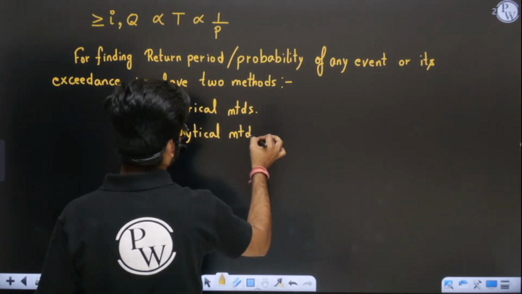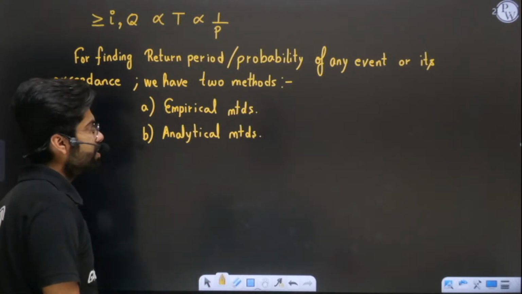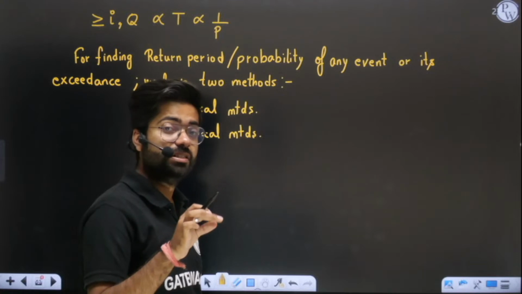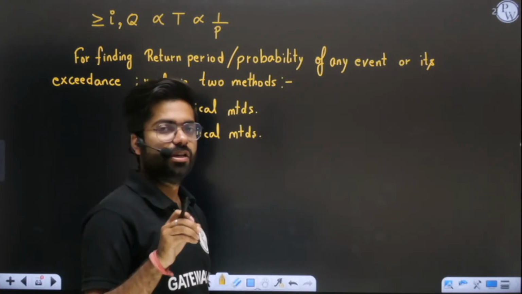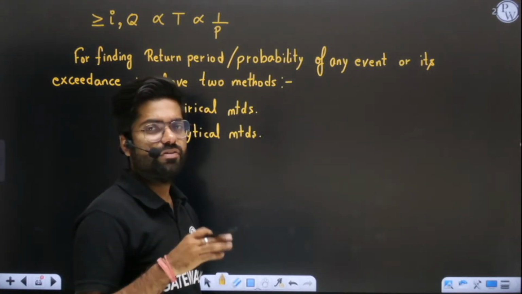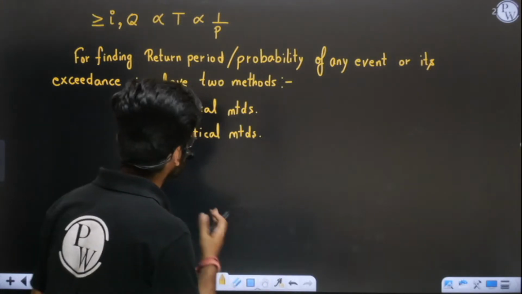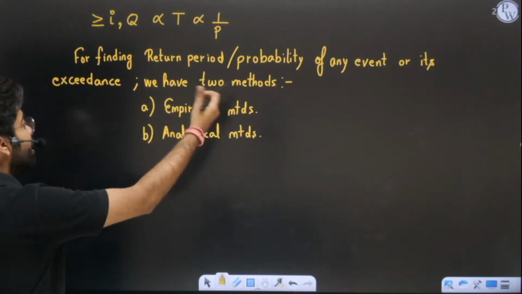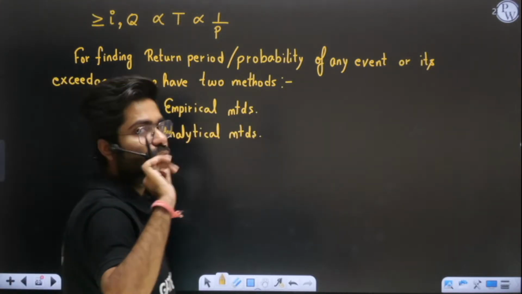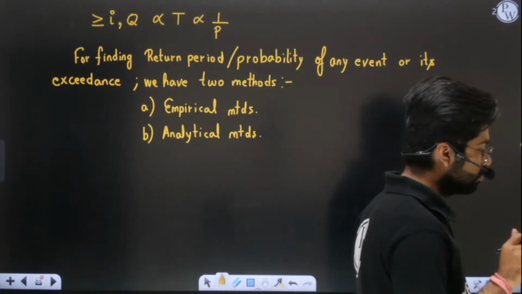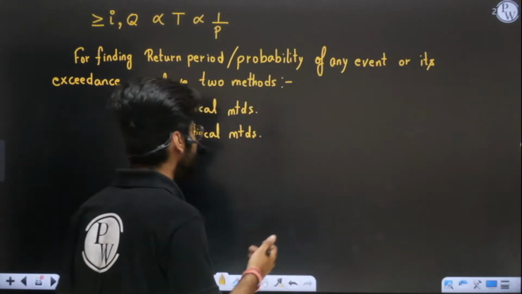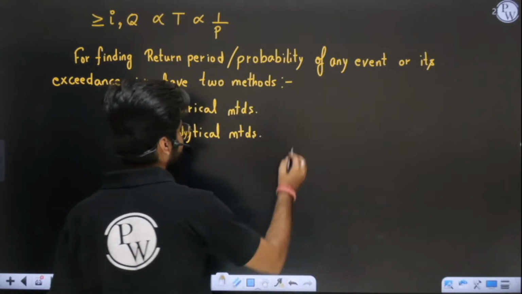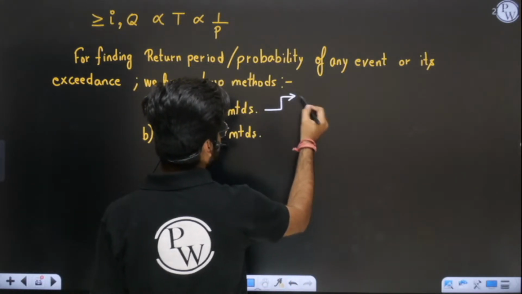We will only focus on empirical methods, which are important because they have been asked in your engineering services examination, in your prelims and your mains examination, when you are required to find return period and probability of any event corresponding to a given magnitude. We have many empirical methods, but we will only focus on three methods now.